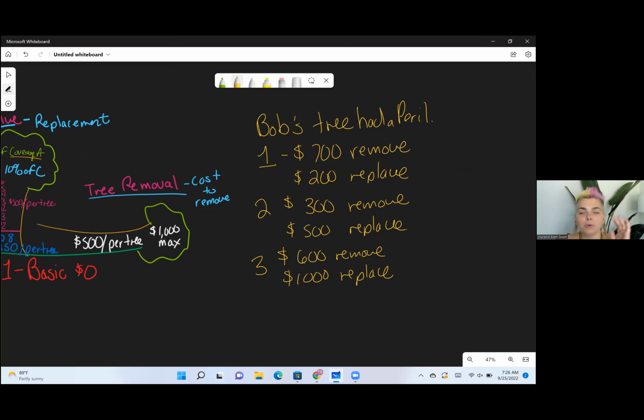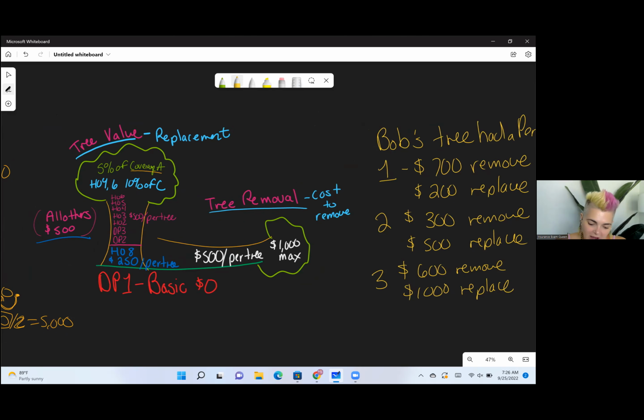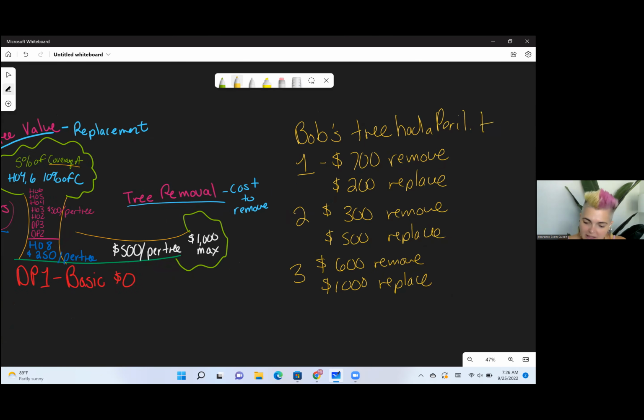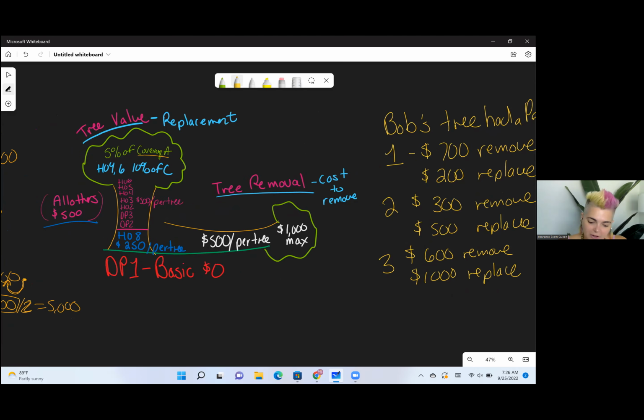Now they may not go tree 1, tree 2, but they may say 3 trees were removed at this price, 5 trees were replaced at this price, and then you've got to sort it out. But as long as you remember that you get 500 per tree. Oh, and they'll have to tell you what type of policy. They'll probably say an HO3. They love HO3s, by the way. So they're going to tell you it's a regular policy.